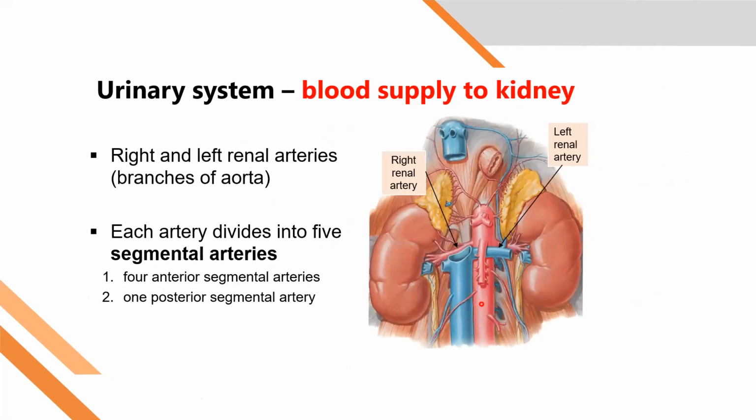The blood supply to the kidney. It's supplied mainly by the right and left renal arteries. Obviously, the right renal artery supplies the right kidney, while the left renal artery supplies the left kidney. Each artery divides into 5 segmental arteries, 4 anterior segmental arteries and 1 posterior segmental artery.